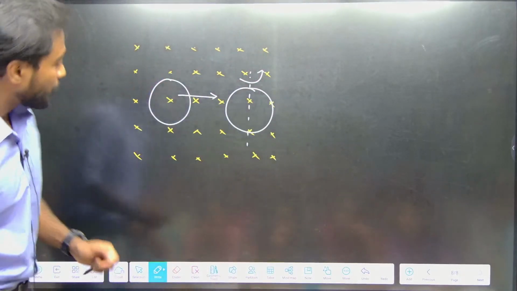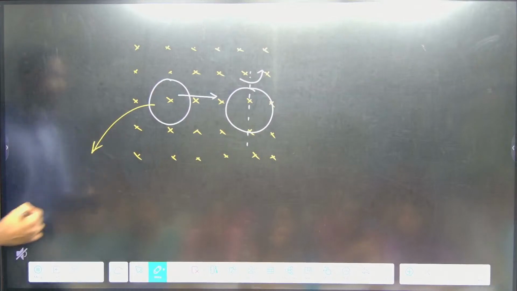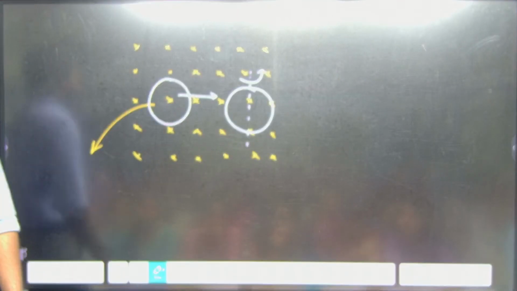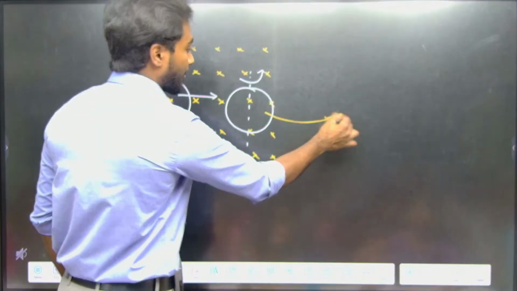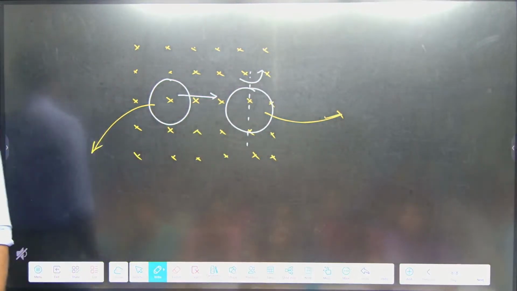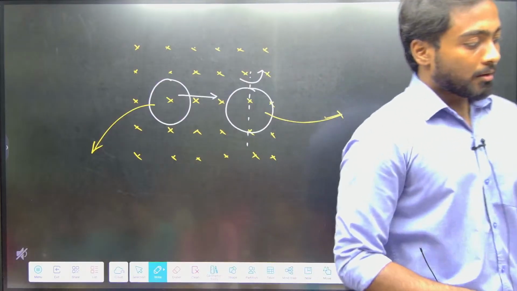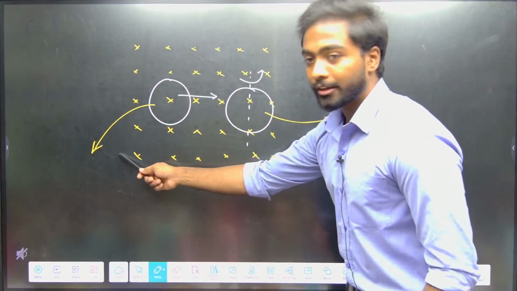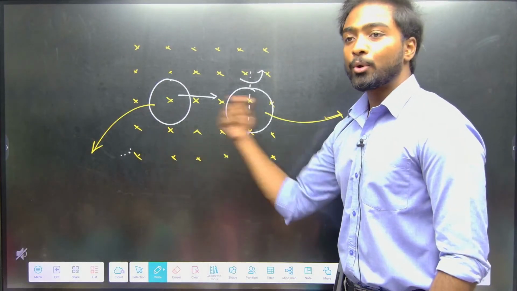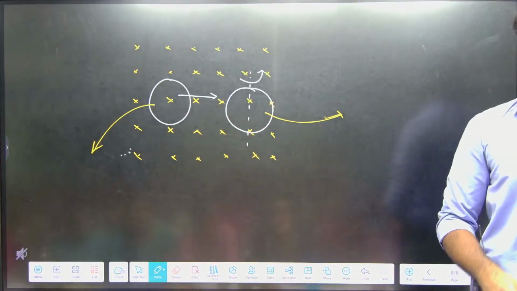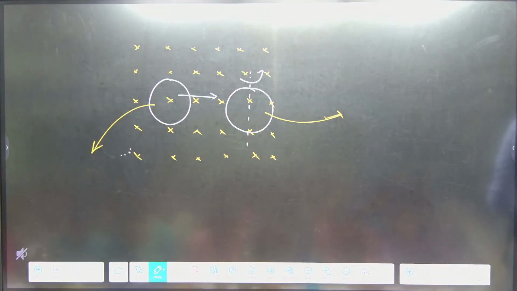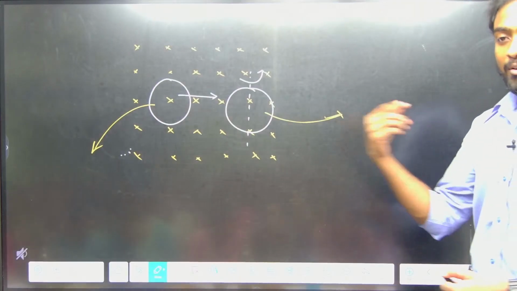So from the first condition I can say there is no induced current, and from the second condition I can say induced current is produced. Take down. Why is there no induced current here? Because of uniform magnetic field. Uniform in the sense it will be constant.